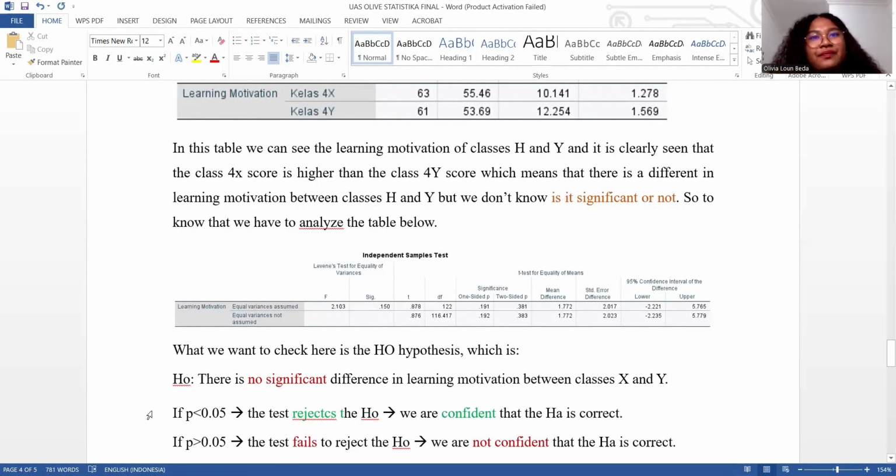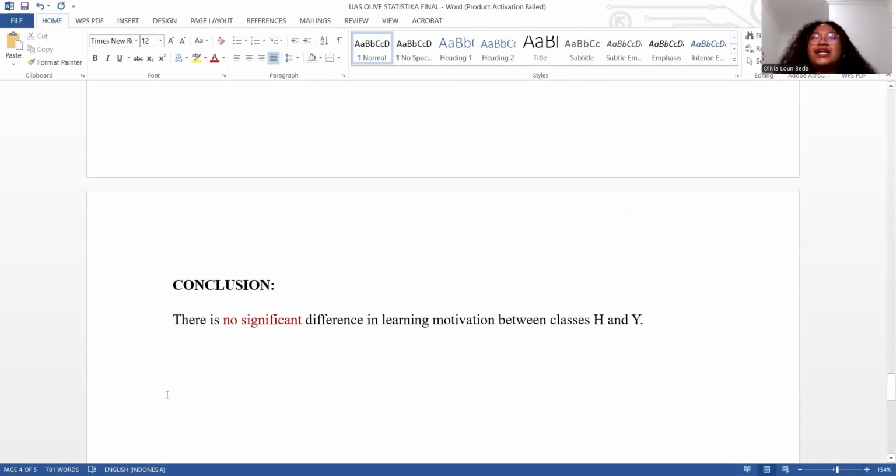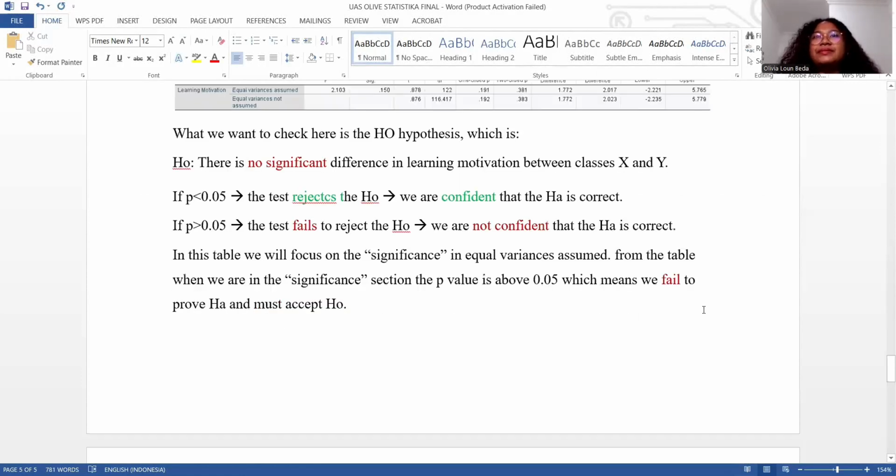So we have to believe the H0 that we already made. My H0 hypothesis is there is no significant difference in learning motivation between class X and Y, so the conclusion is there is no significant difference in learning motivation between class X and Y. That is my conclusion.